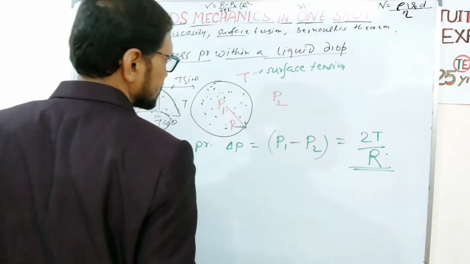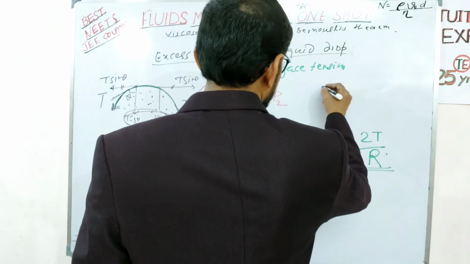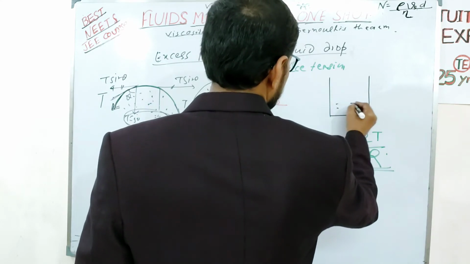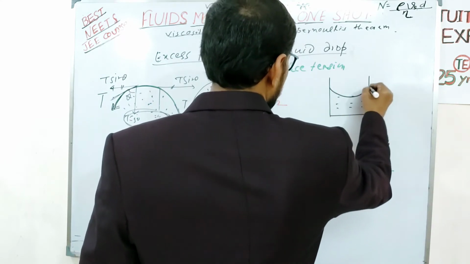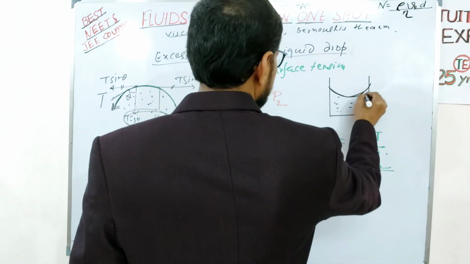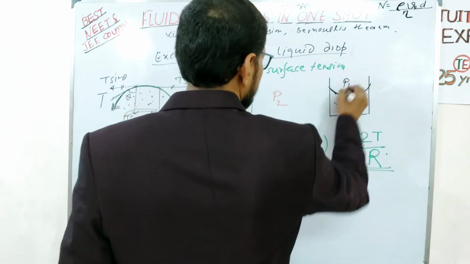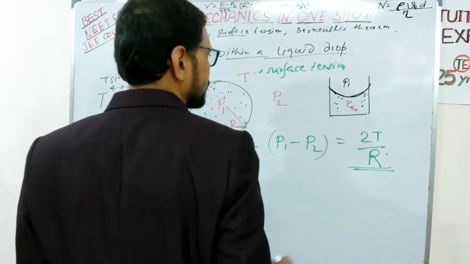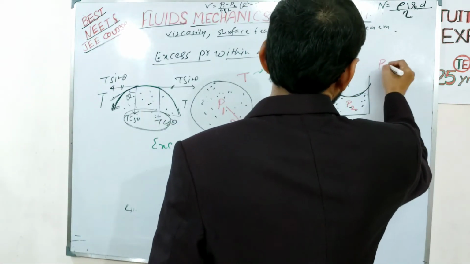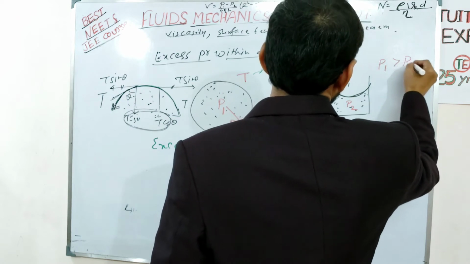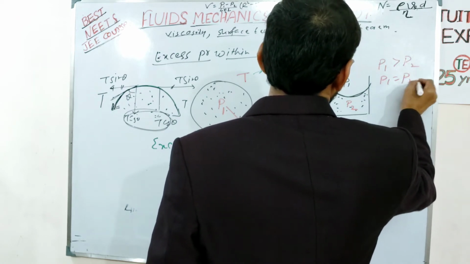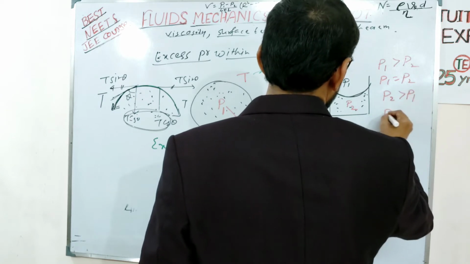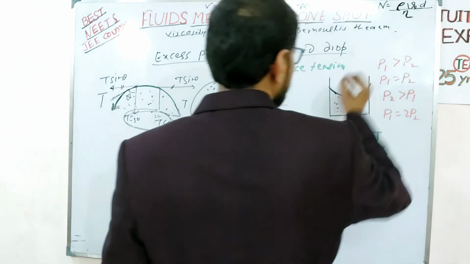Now if we consider this curvature, here pressure is P1, here pressure is P2. At which place is pressure more: P1 greater than P2, P1 equal to P2, P2 greater than P1, or P1 equal to 2P2? Which one is correct?